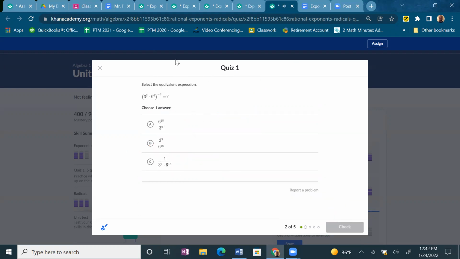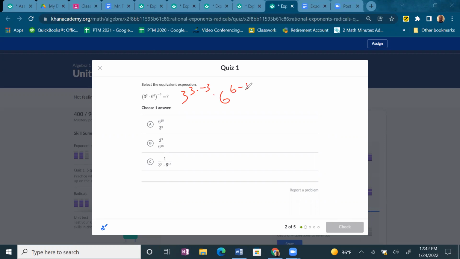So now here again, we have parentheses here. This is the power to power rule. We are going to multiply both of those exponents by the -3 outside of the parentheses. So that's going to be 3 to the -9 and 6 to the -18. But throw in the rule of negative exponents.